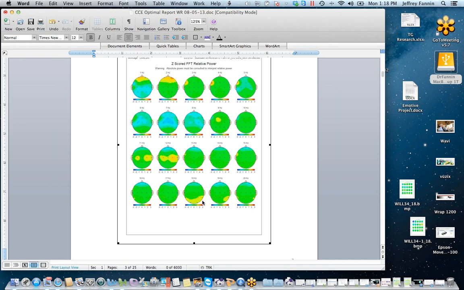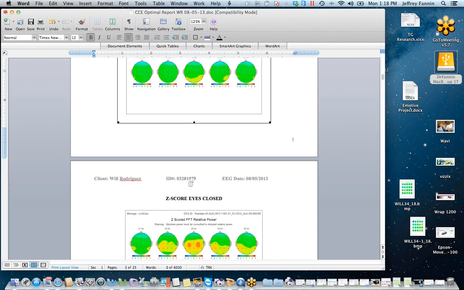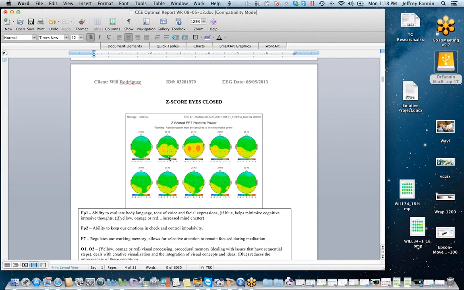Would that make sense to you? Yes. All right, let's look at these upper frequencies. This area right down in here at 22 hertz, that's that T5 area we were talking about before, right there. And then we have C3 and P3.